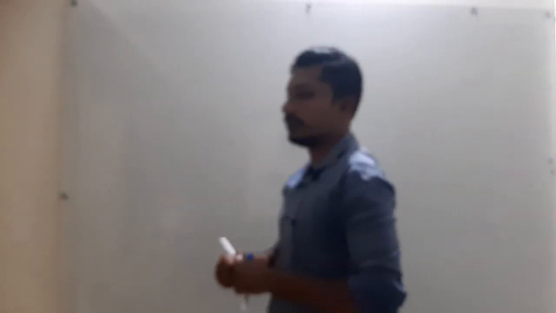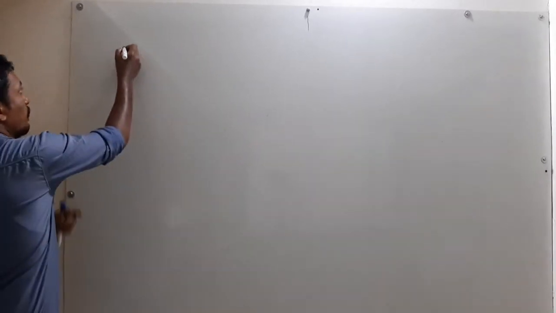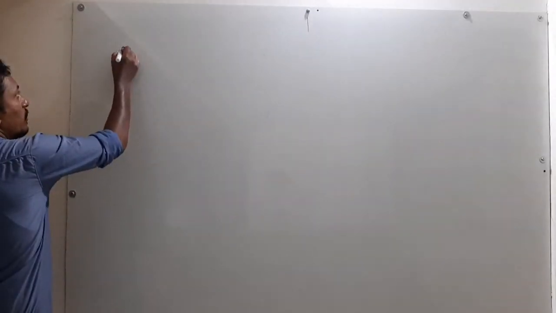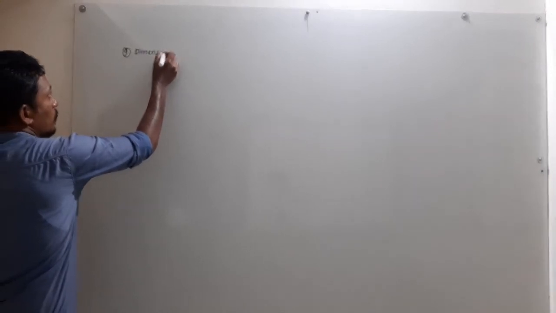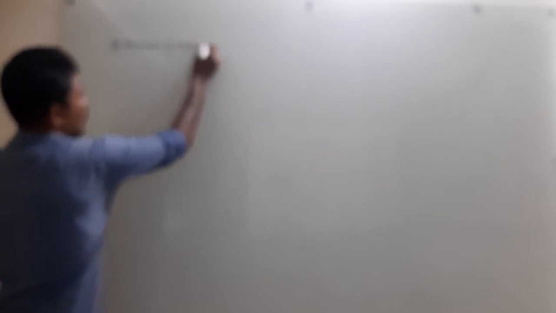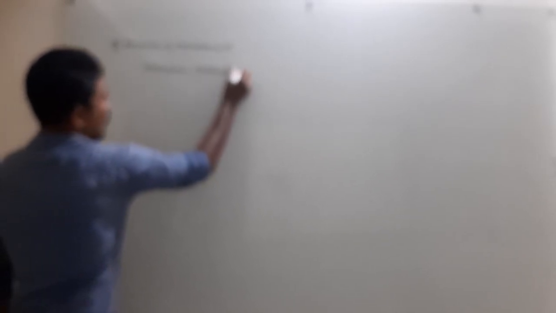Next point, dimension of momentum. That is the ninth dimension. Momentum is denoted by letter P. What is the formula of momentum? Momentum is equal to mass into velocity.